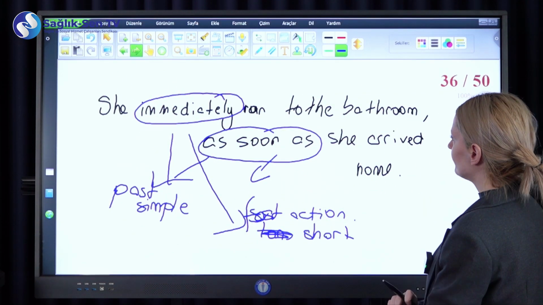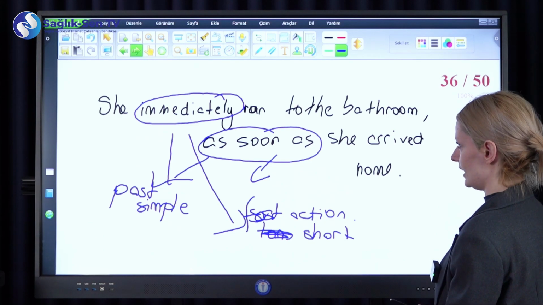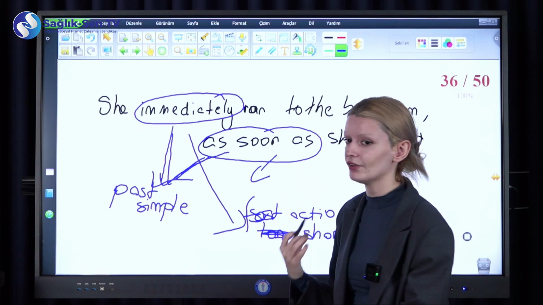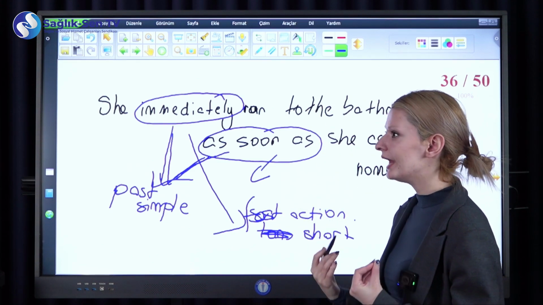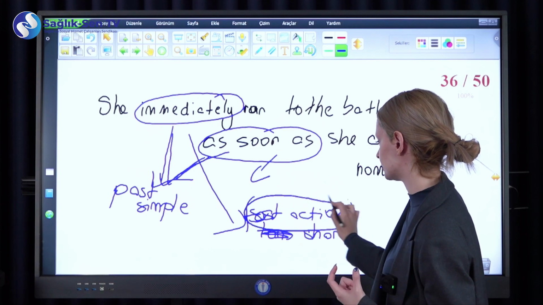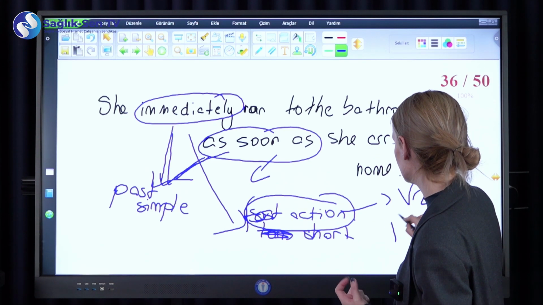She immediately ran to the bathroom as soon as she arrived. They both give us the meaning of a quick action. And when we get the meaning of something quick, we use short action, which is past simple.